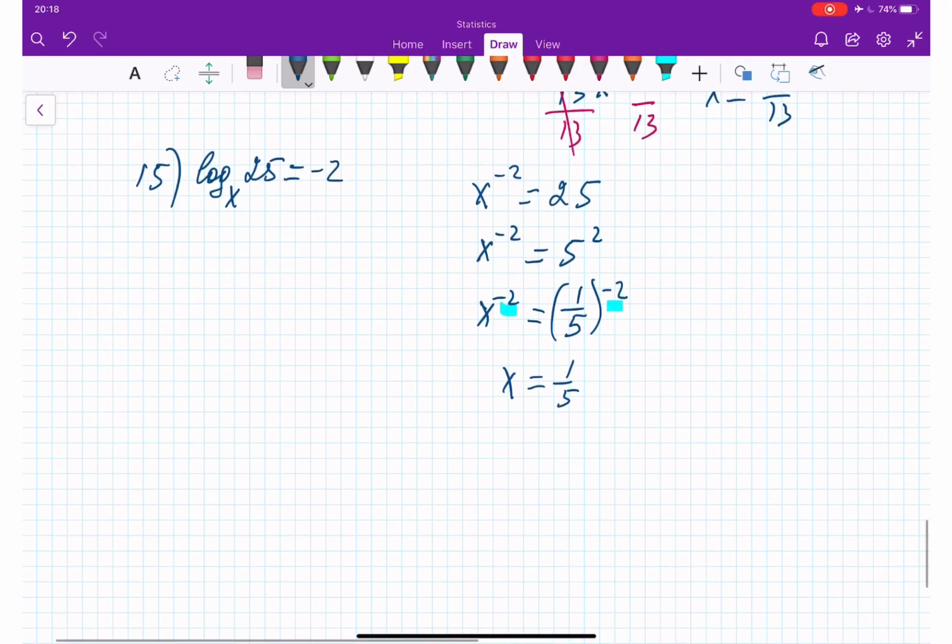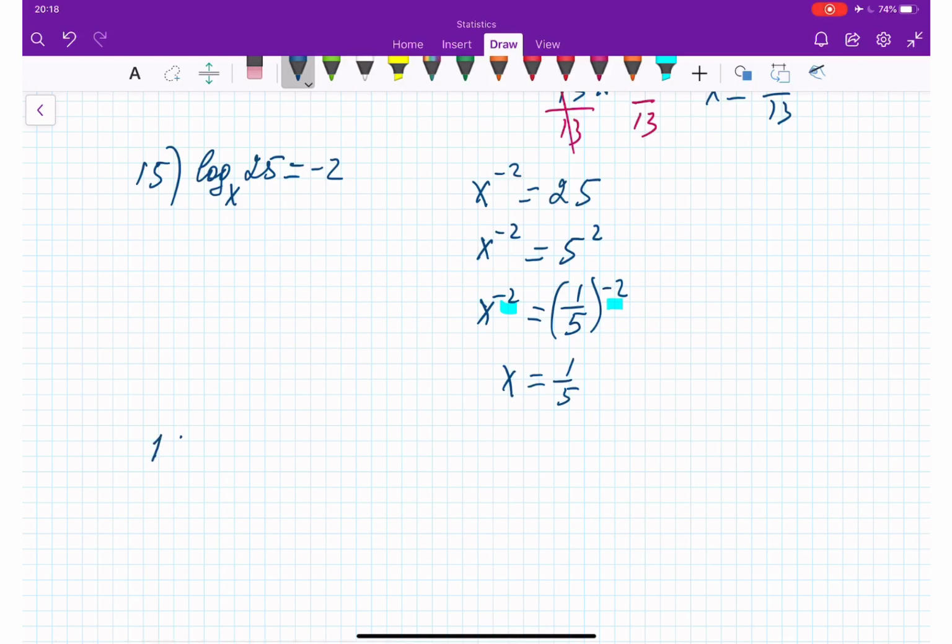Number 16. Log, we need to solve it. Log of x plus 5, 1/2 is the base, is equal to negative 4. Okay, I'm reading this. 1/2 to the power negative 4 is equal to x plus 5.